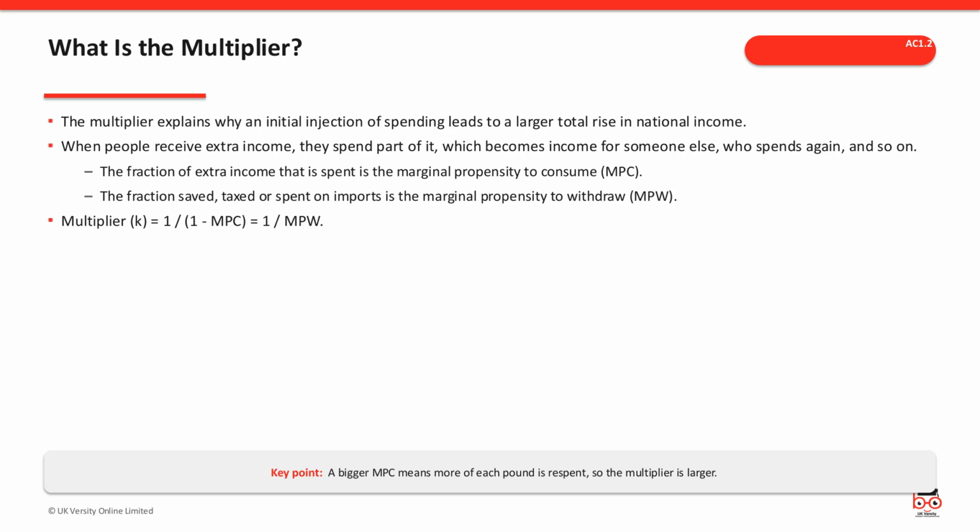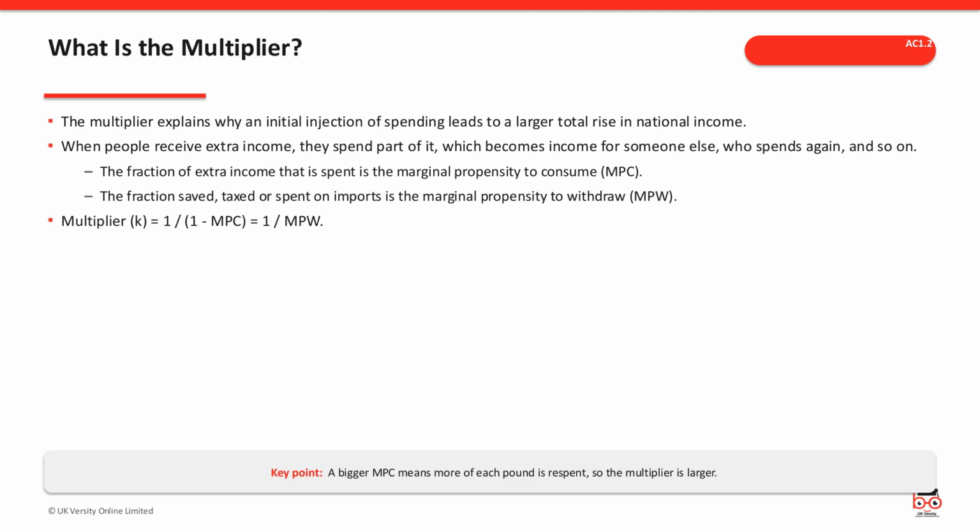The multiplier explains something that surprises people: why an initial burst of spending ends up raising national income by even more than the amount injected. The reason is simple. When you receive extra income, you spend part of it, and that becomes someone else's income, who spends part again. On and on it goes.